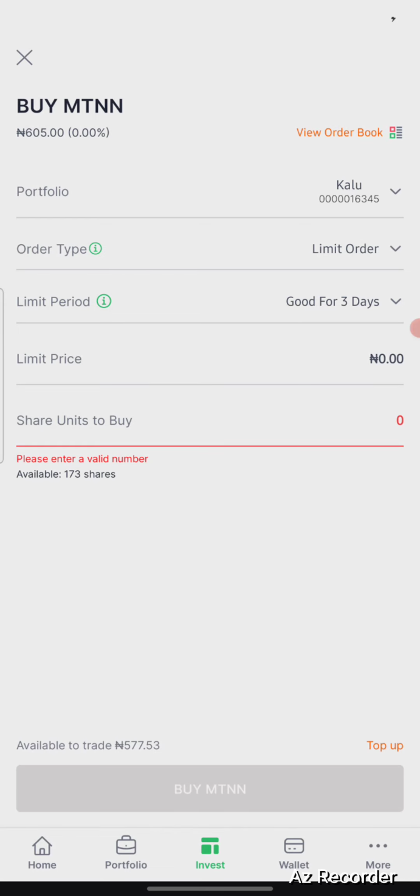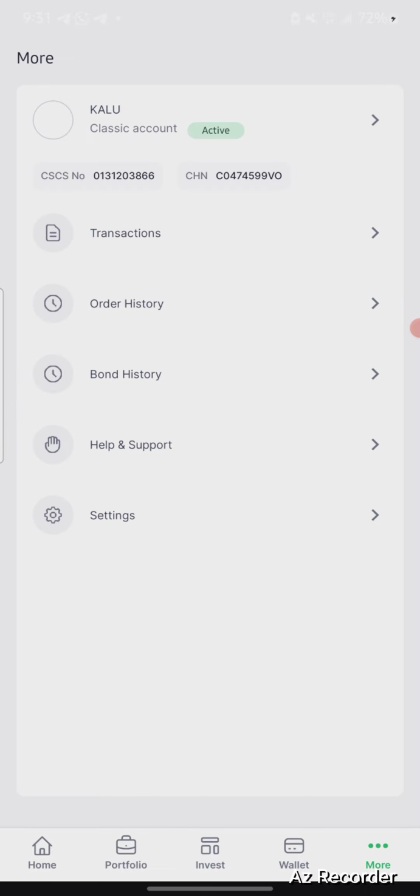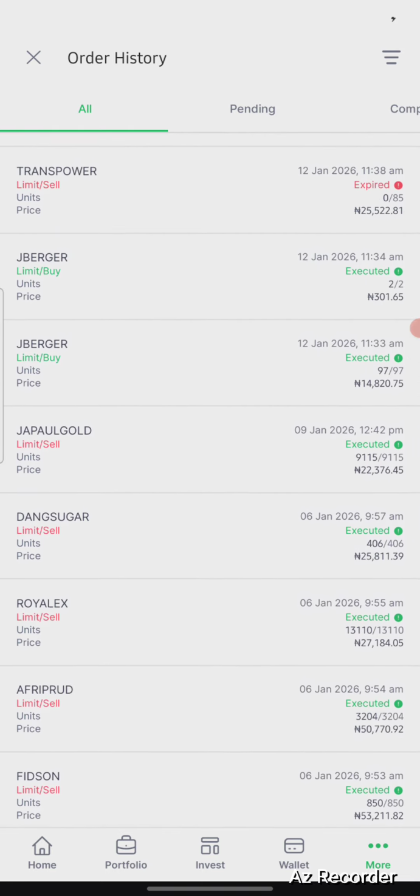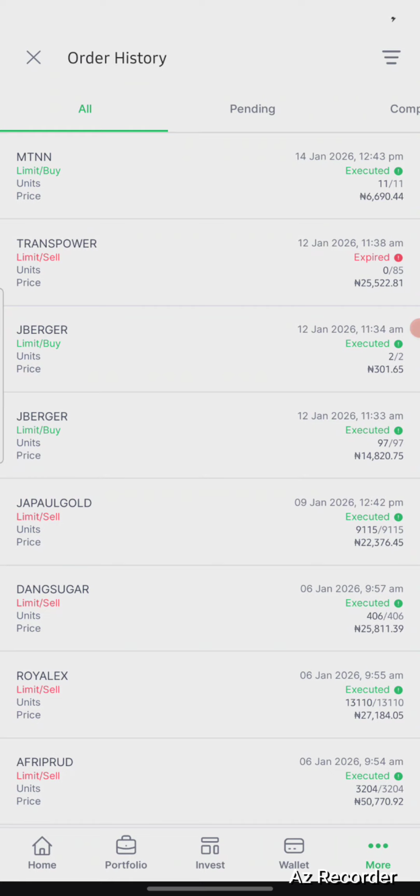So after buying, for you to check if your order has been executed or is still pending, you just click on more here and come over to your order history. Your order history will show if your order has been executed, expired, still executing, or booked. For example, I just bought MTN shares yesterday, and the order executed.